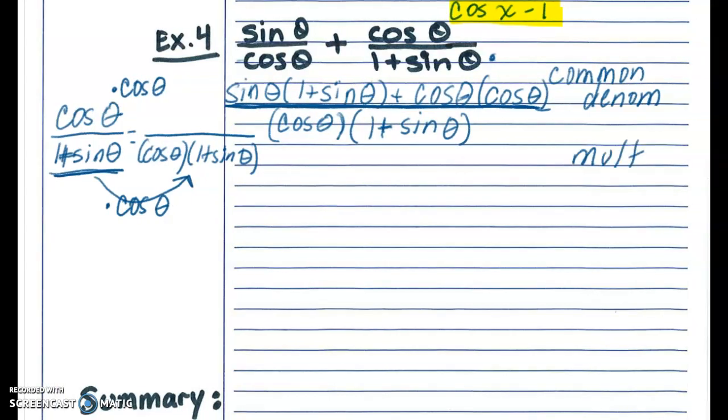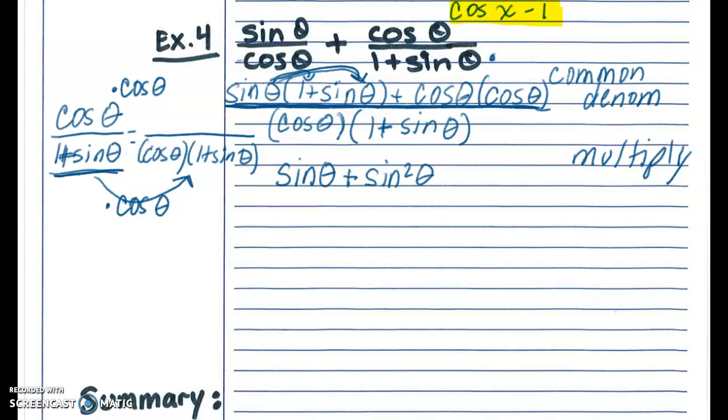Now all I see to do, let's clean up the top. So just simply multiply. Then we got to distribute this to this and distribute this to this. So sine times 1, sine theta, plus sine times sine, sine squared theta. Remember, the squared goes on the sine always, not on the angle.